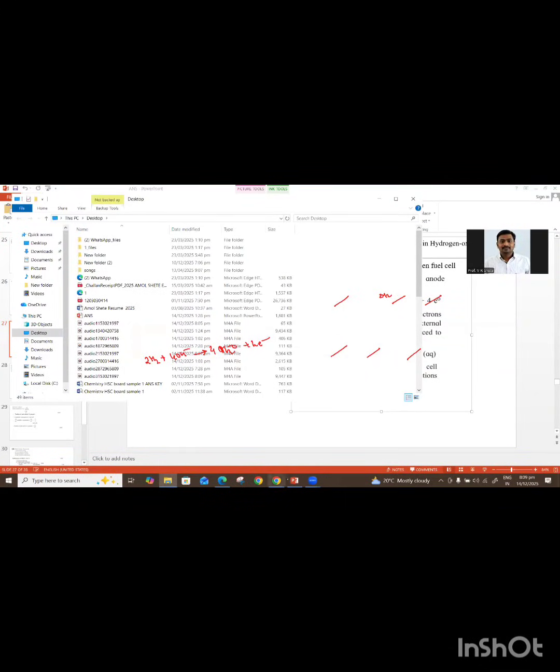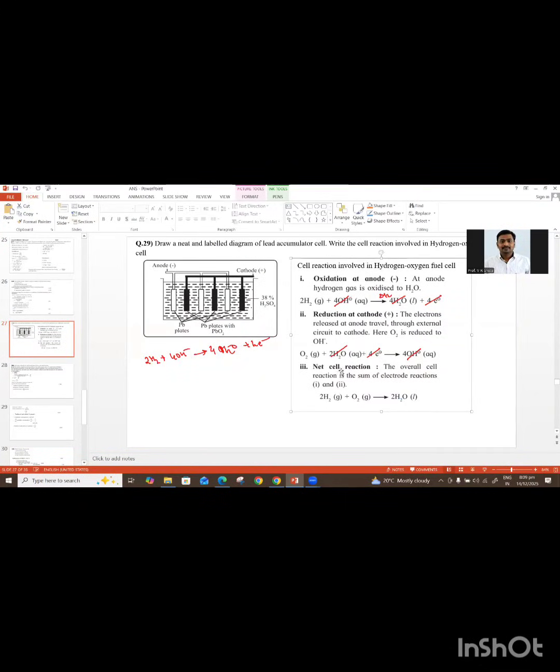So what will be the overall reaction? I will change the color. Here 2H2 and O2 on the reactant side and 2H2O on the product side.